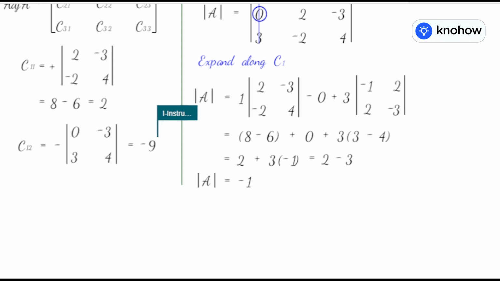Minus 9 will be the value of C12. And now let me work out one more, say C13. C13, of course, will be with plus sign, delete the row and column through 3, you get determinant 0, 2, 3, minus 2. If you work out, you get 0 and minus 6, so minus 6.